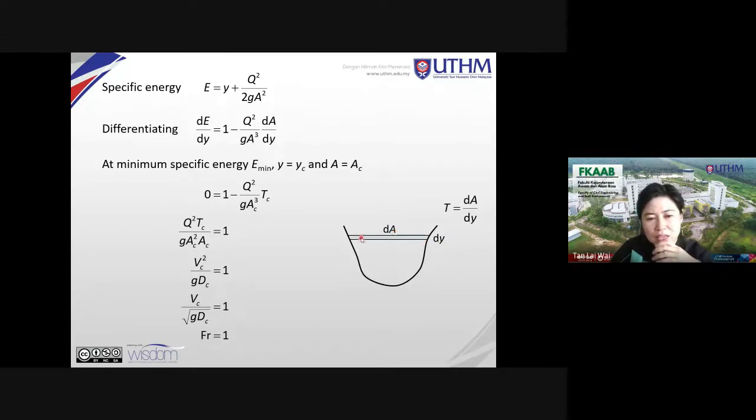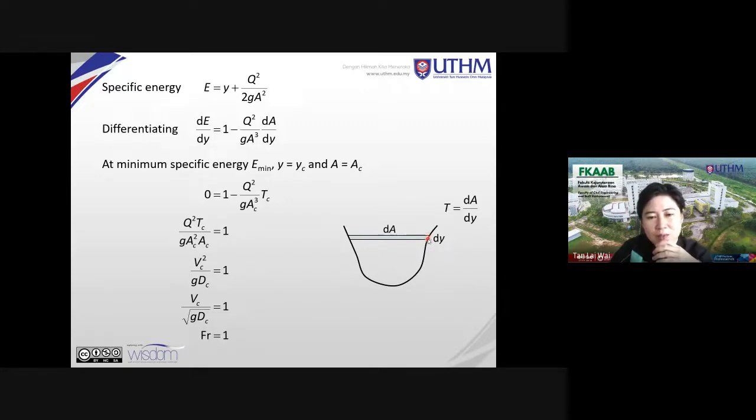So dA would be basically B times dy. You are going to get dA. So this T here, or B, is also for this element, right? T is actually similar to B, basically.